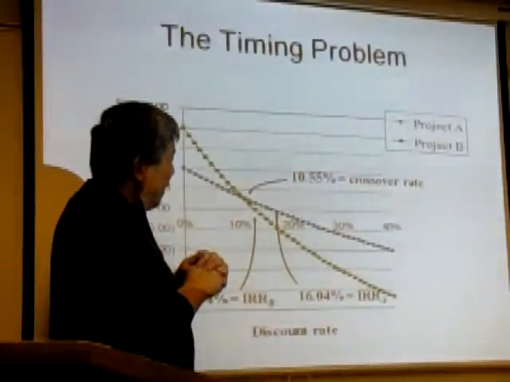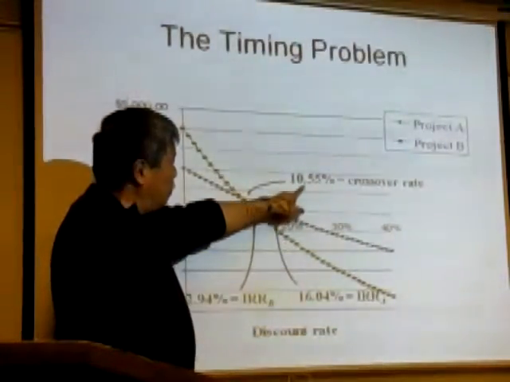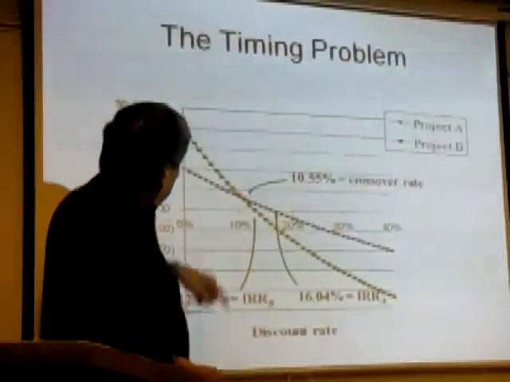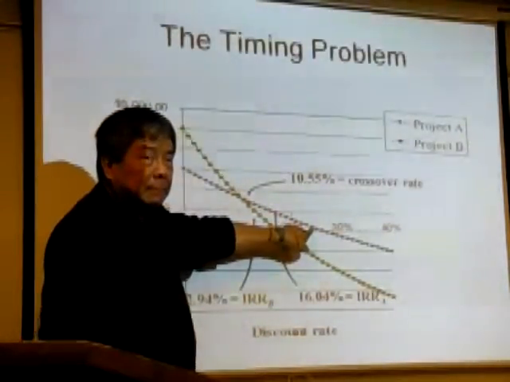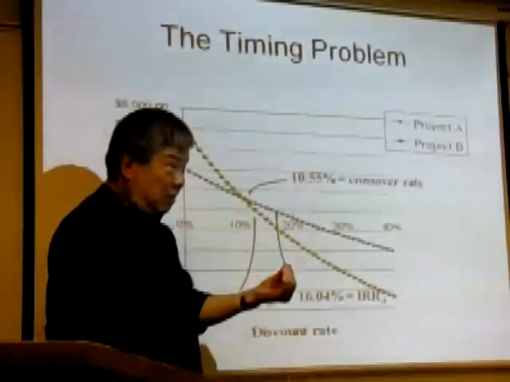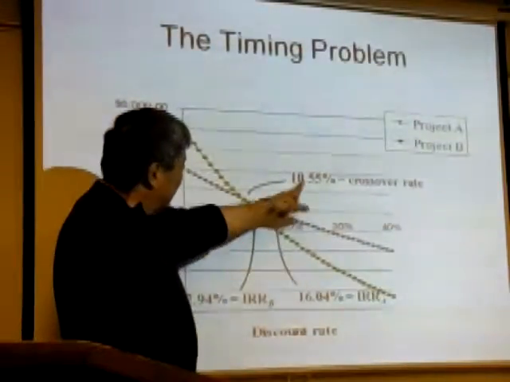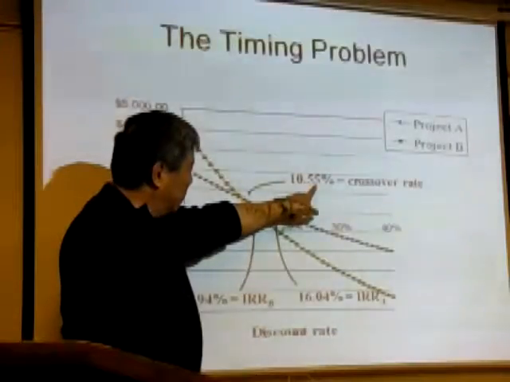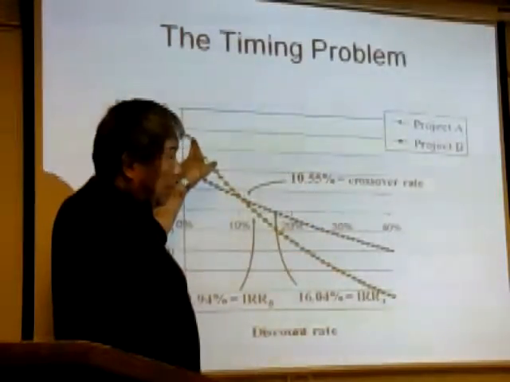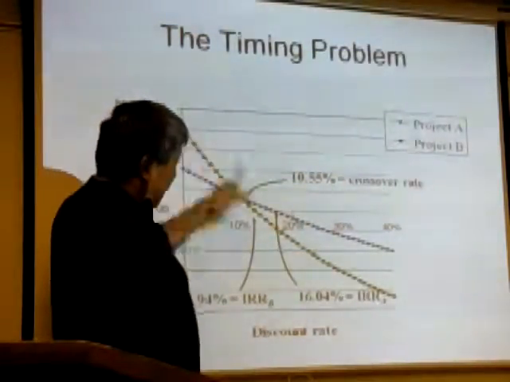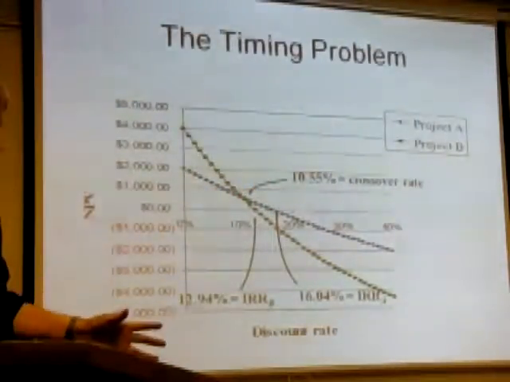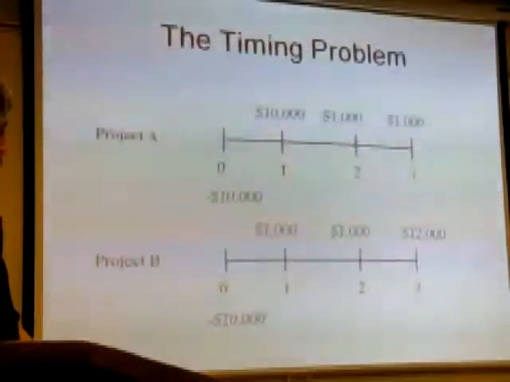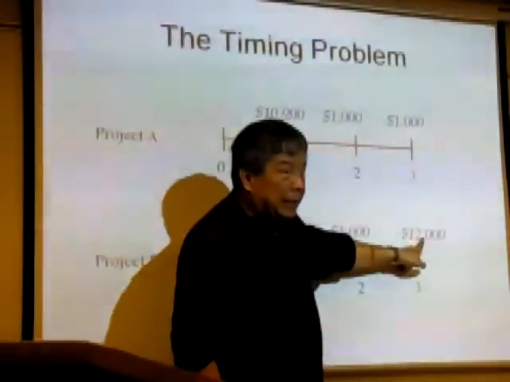In this situation, if the interest rate is higher than 10.55, people will prefer project A. Get your money earlier. If the interest rate is less than 10.55, people will prefer project B, because it gives you a large number at the very end.